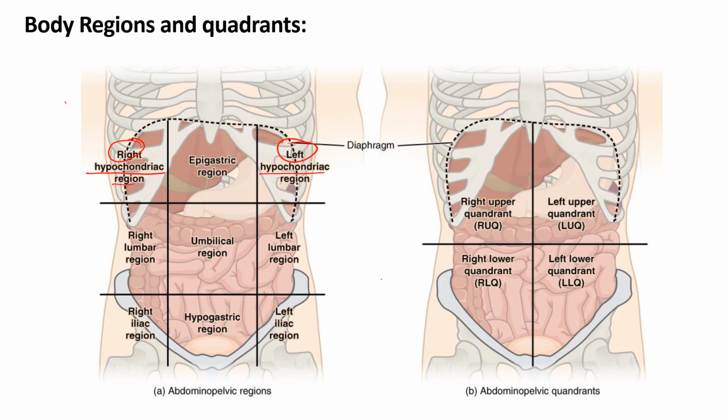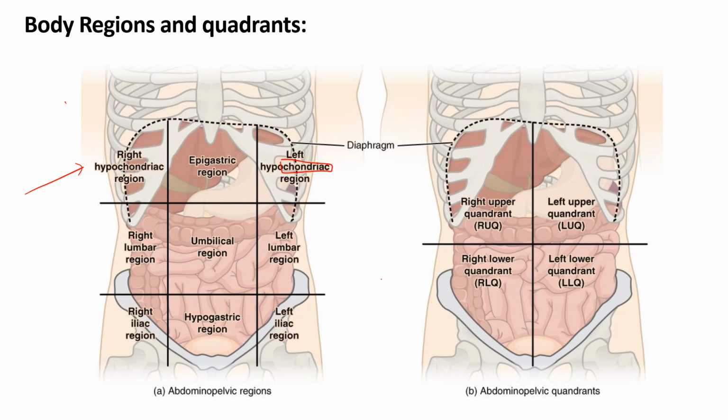Now, why is this region called the hypochondriac region? So let's break down this word. Hypo means below. Hyper means on top or above. Hypo means below. Chondriac means cartilage. We will see later in your lecture when we review joints that chondrocytes are the cells that make cartilage.